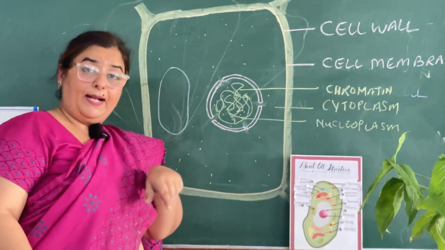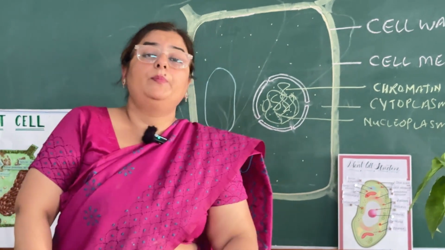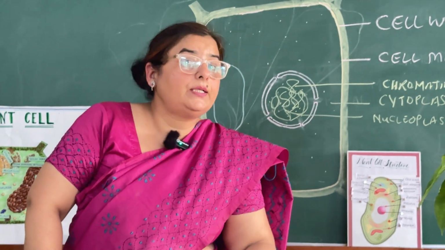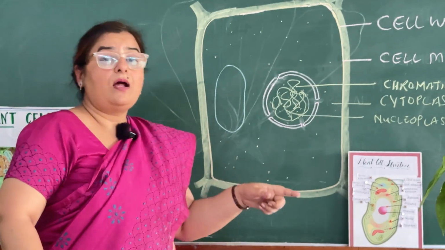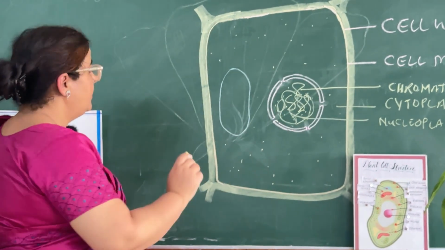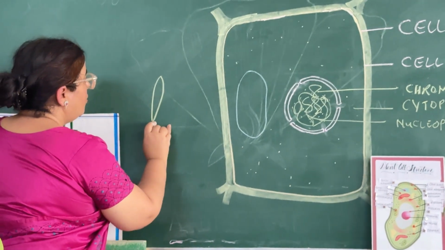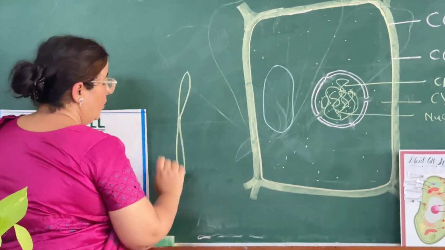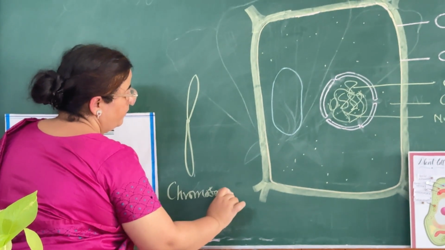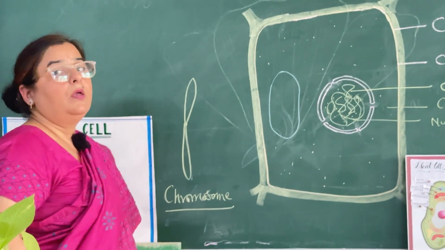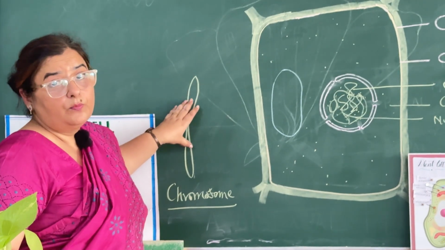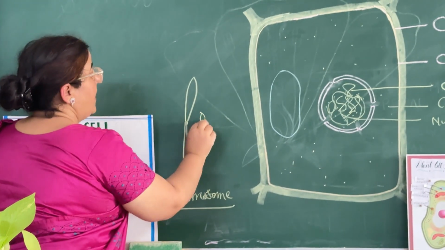Now chromatin contains all the genetic information which is passed on from one generation to another generation. And when the cell starts dividing, this chromatin material changes into rod-shaped structures which are known as chromosomes. A chromosome is made up of DNA and protein.